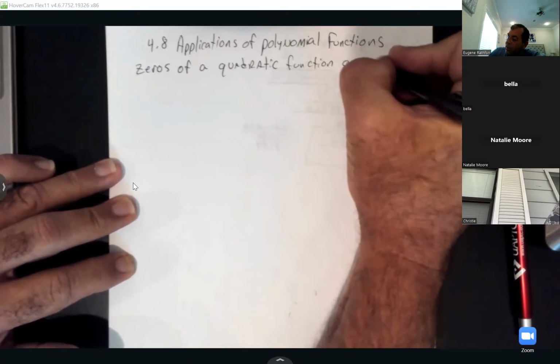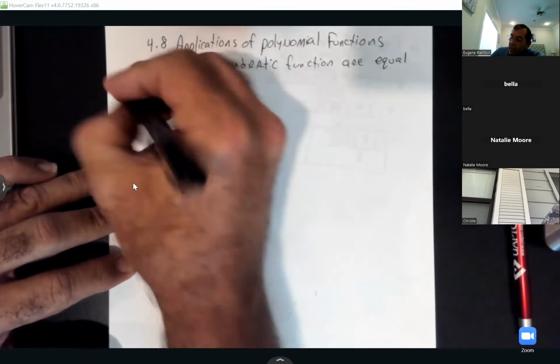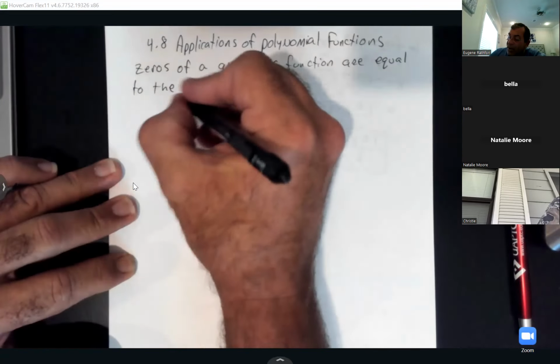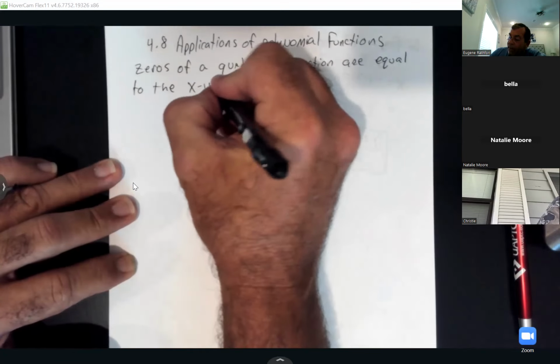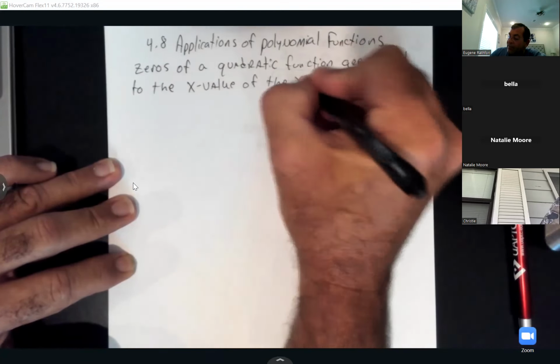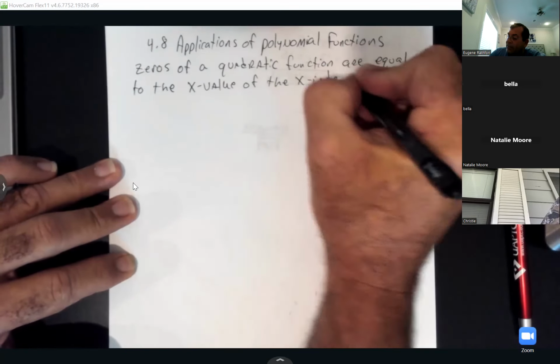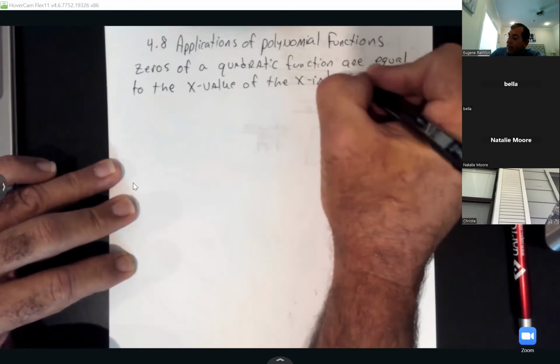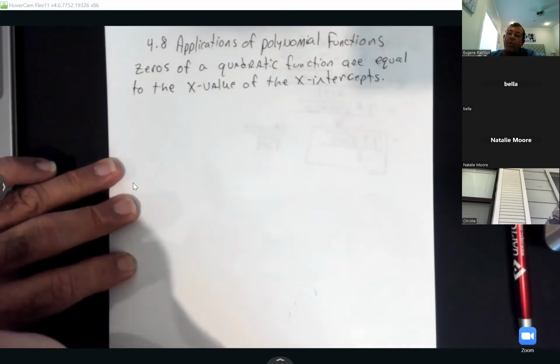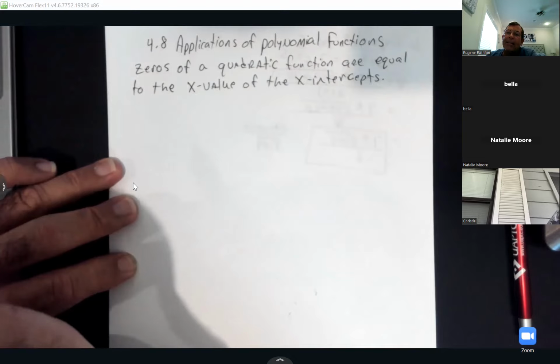are equal to the x value of the x-intercepts. Now remember, x-intercepts is where the graph crosses the x-axis.